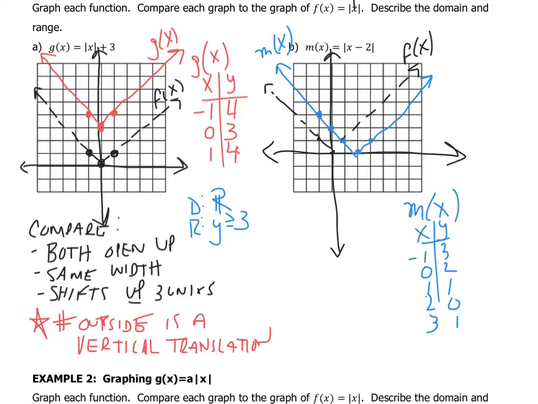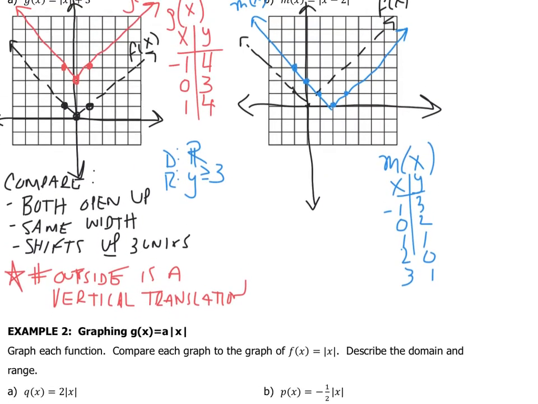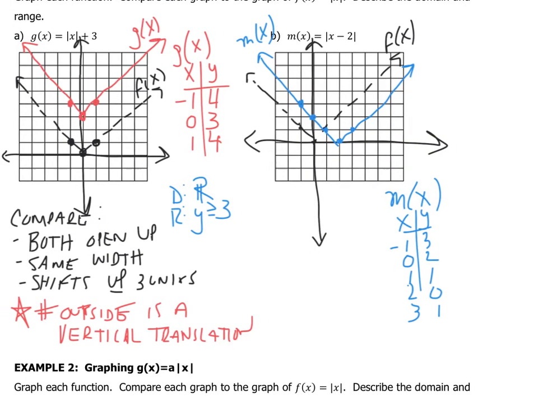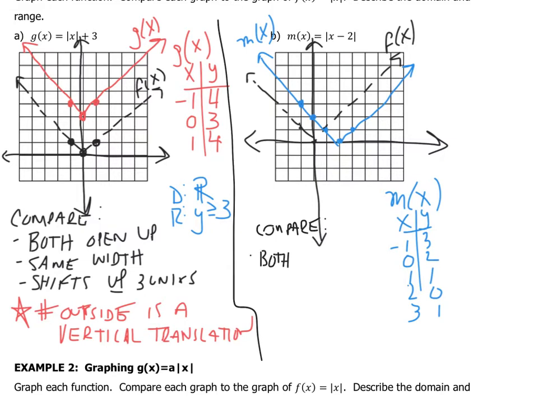So let's talk about the comparing part that we just did on the previous one. Let me see if I can find some space in here now. So compare the m of x and the f of x. Both open up. That doesn't change.